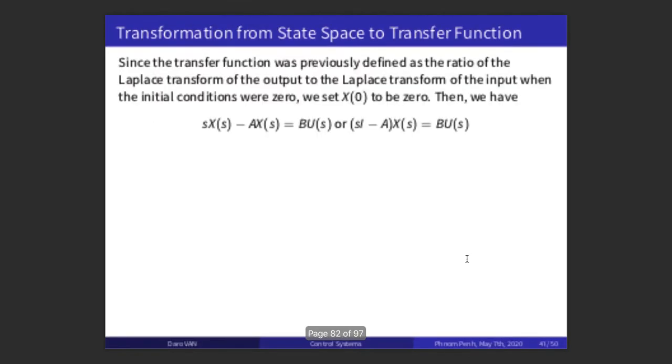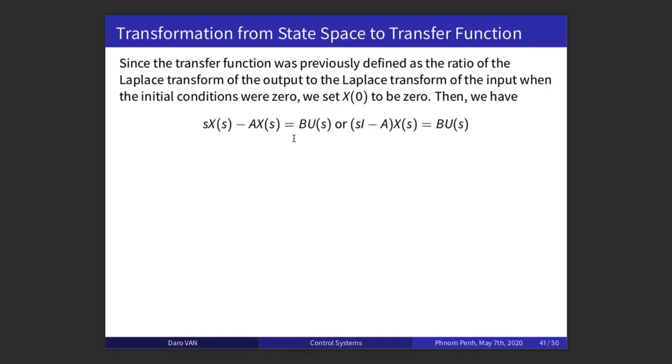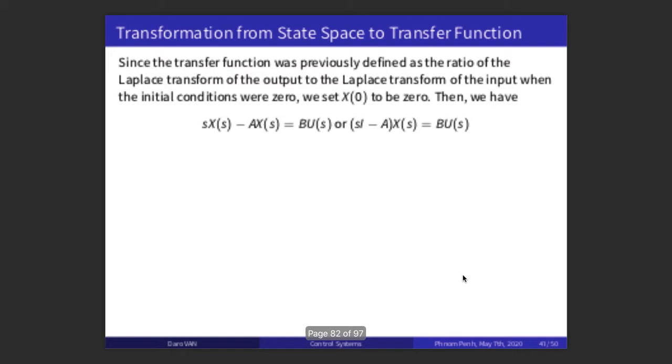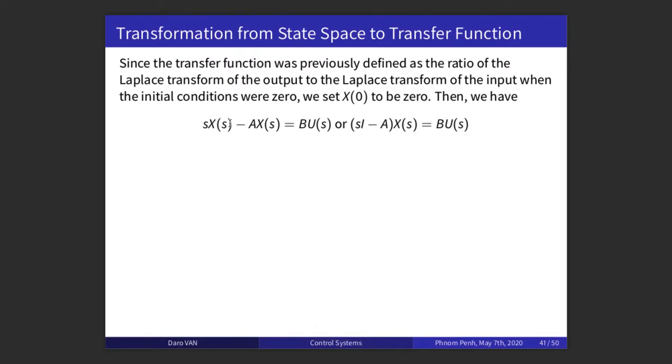And then, by rearranging the first term, this is 0, right? Zero initial condition. Move this term to the left hand side, you obtain these equations, okay? And this is equivalent to this one.